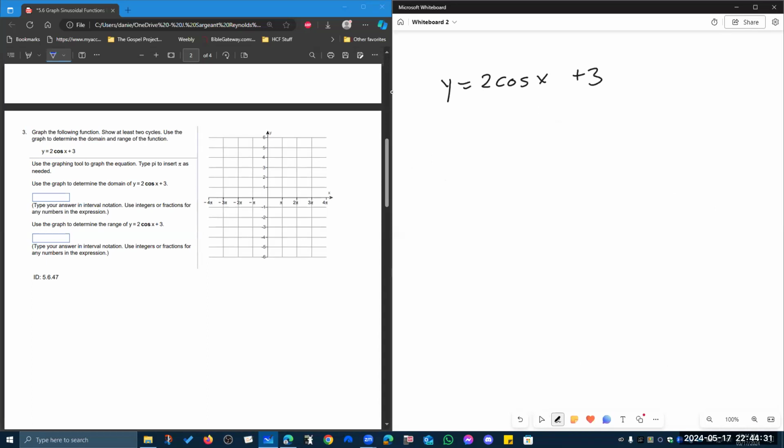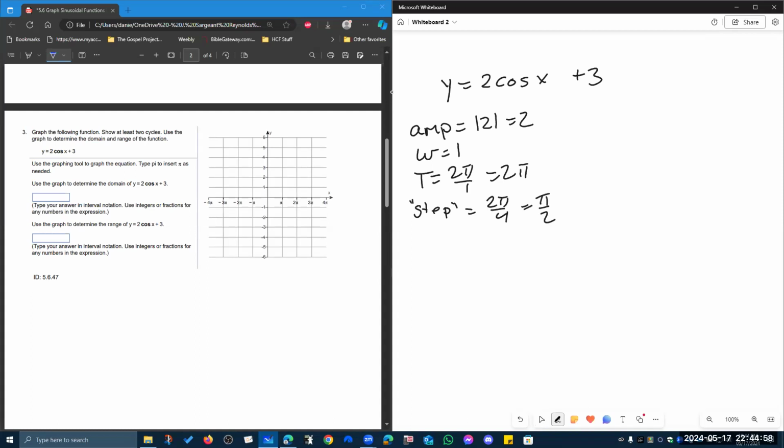This time we are going to have a vertical shift that I'll call b. My amplitude is the absolute value of 2, which is 2. My omega is 1, so my period is 2 pi over 1, which is 2 pi, making my step that period over 4, since it's cosine, which is pi over 2.